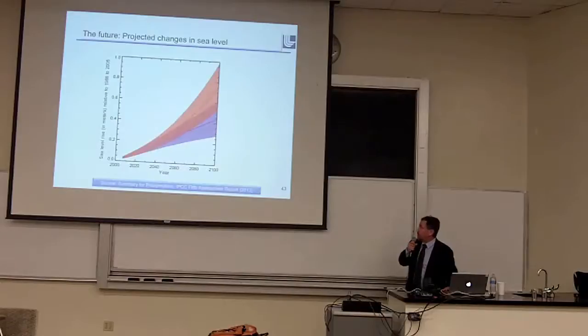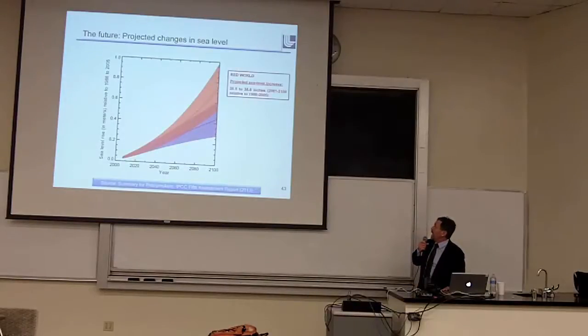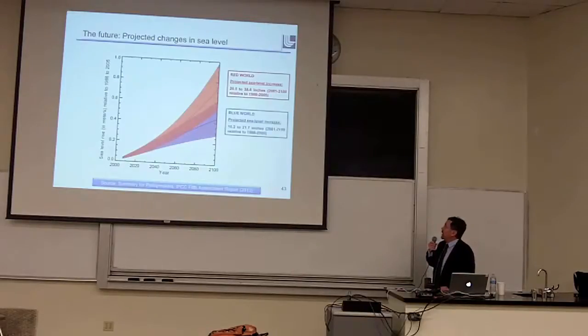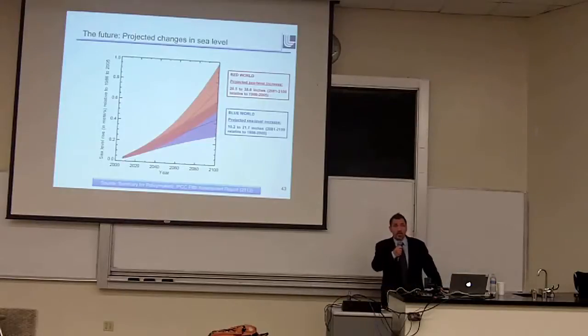This is the same thing, blue world and red world, for global mean sea level. And in red world, the projected sea level increase out to 2100 is from 20 inches to over 3 feet. And in blue world, it's still at the upper end, over 20 inches.